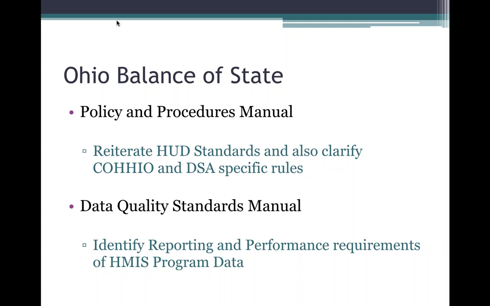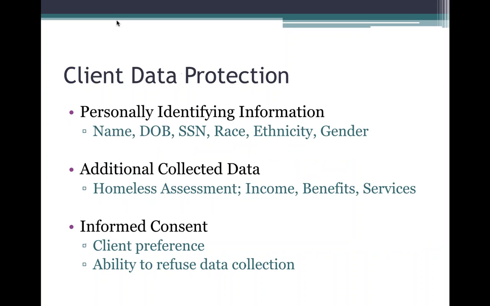Another important document, of course, is the Data Quality Standards Manual. So this document specifically clarifies reporting and performance requirements for our continuum of care, and how HMIS is intended to fit in and reflect those requirements.